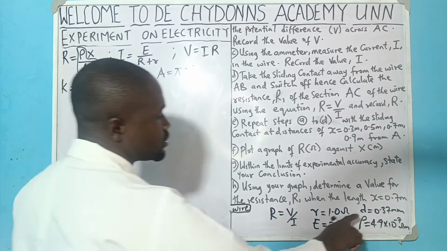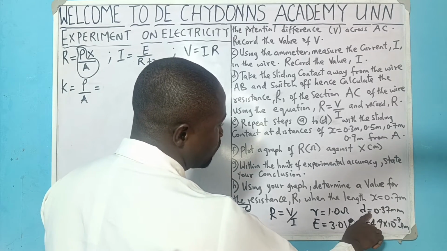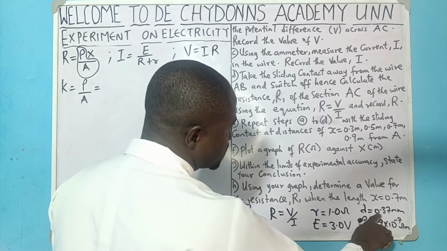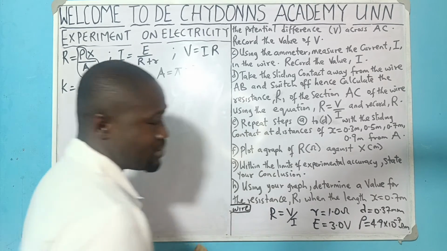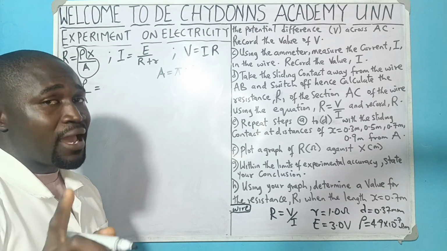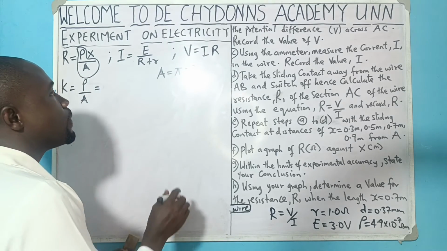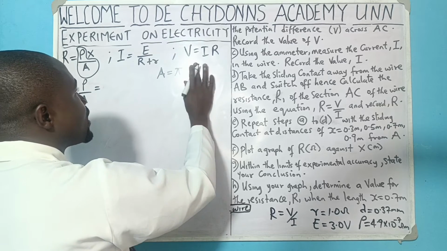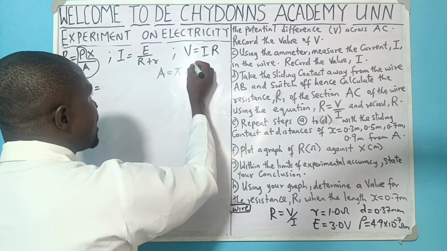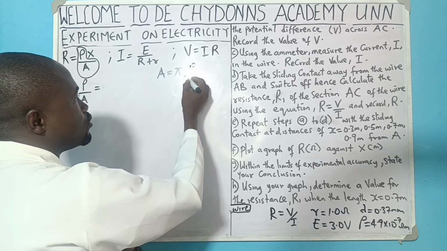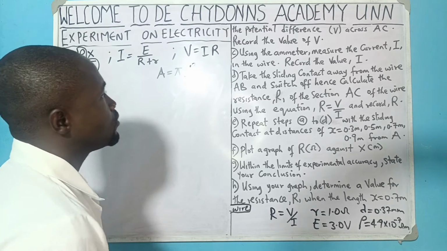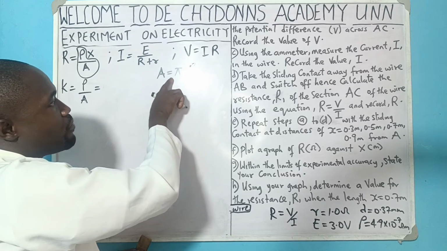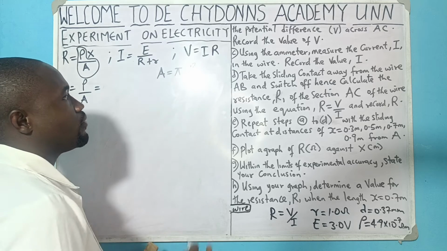But we got the diameter, which is 0.37 millimeter, measured with the micrometer screw gauge. Diameter divided by 2 is the radius, so the area will be equal to pi d squared over 4.